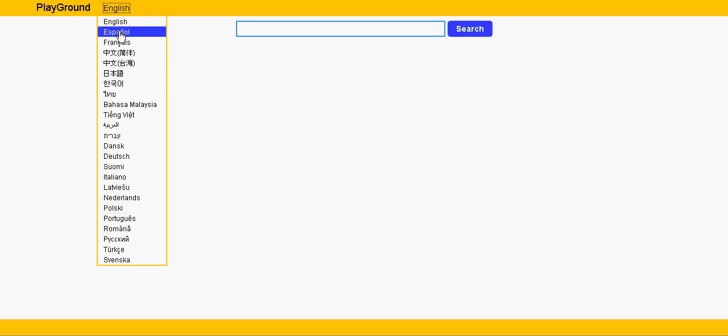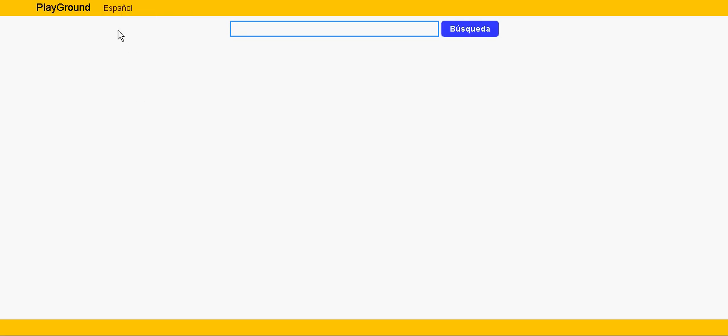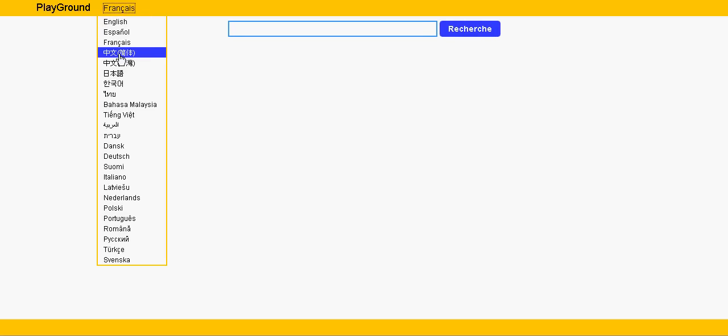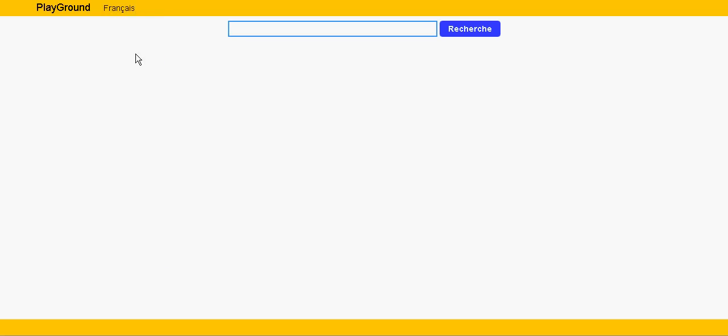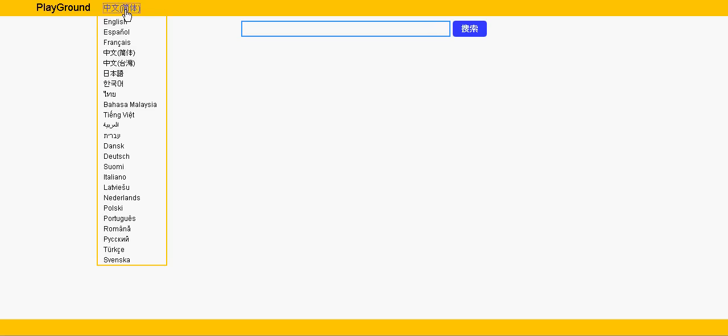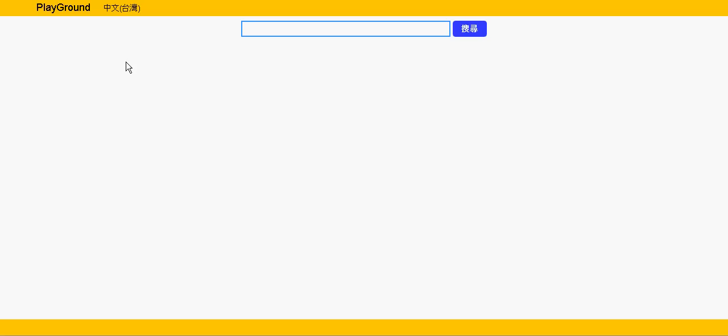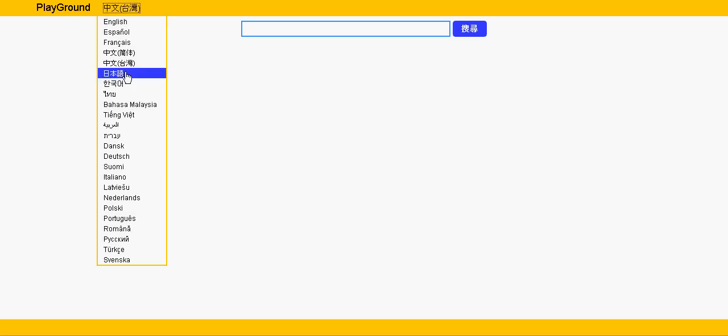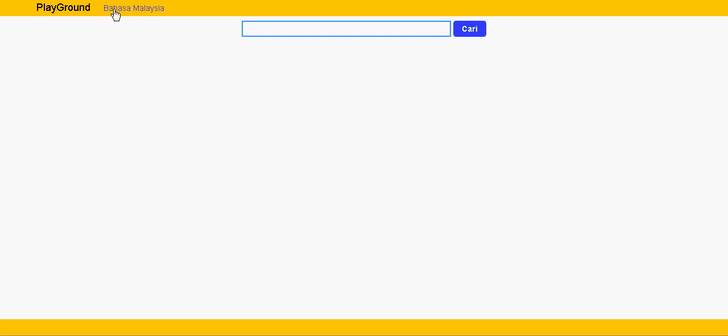and notice how it changes when I switch the language to Spanish, to French, to simplified Chinese, to traditional Chinese, Japanese, Korean, Thai, the Malay language, Italian, and so on and so forth.